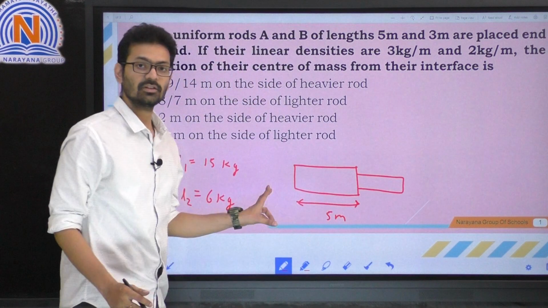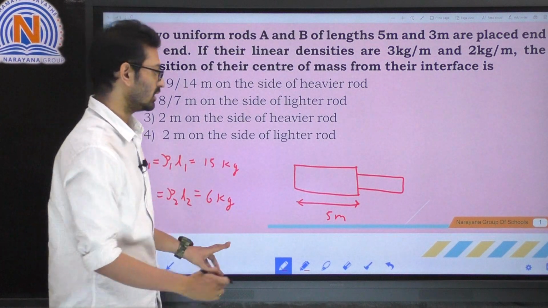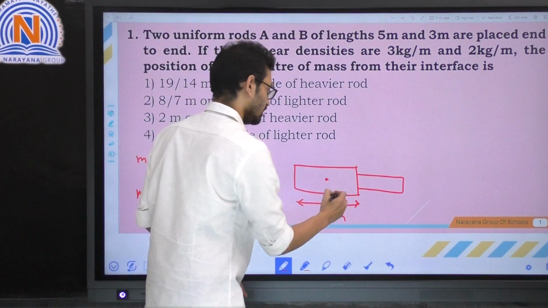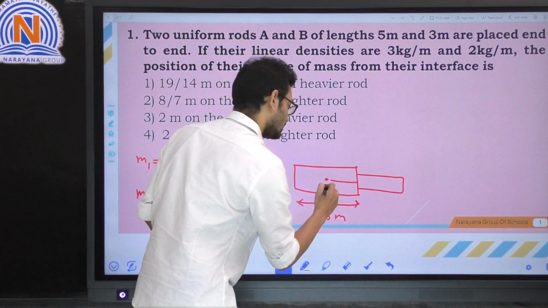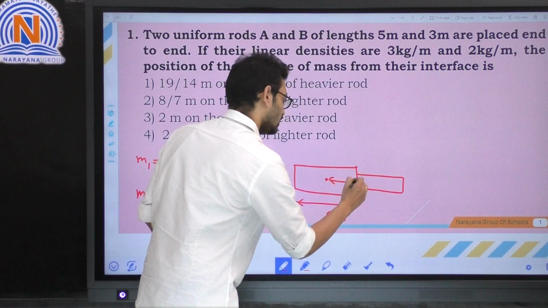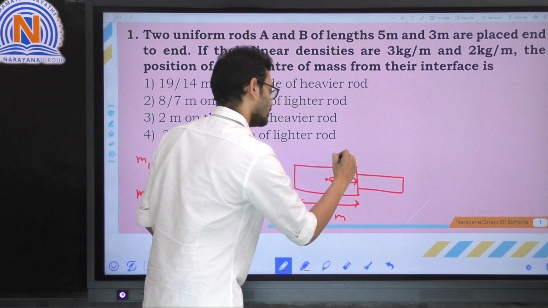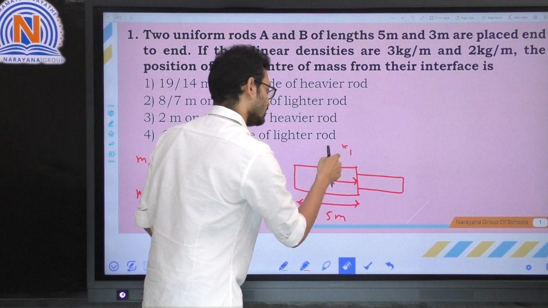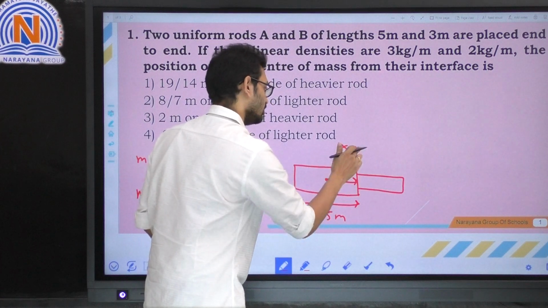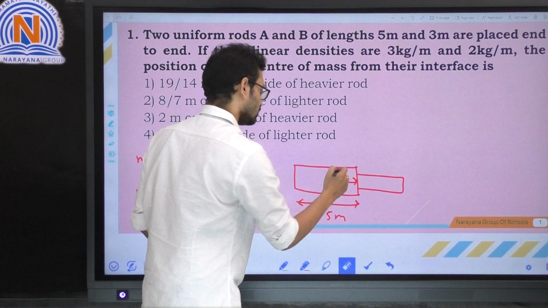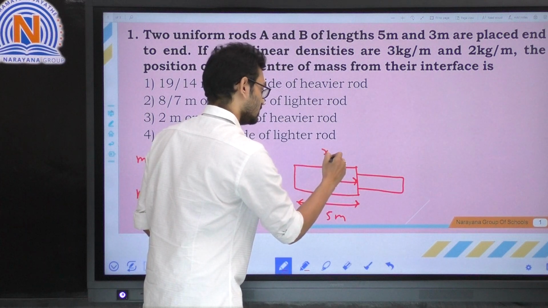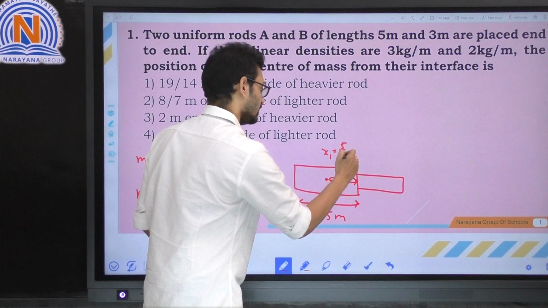I don't want the length of the complete rod, I only want the distance to the center of mass. Let the center of mass be over here. In this rod the center of mass distance is x1, which is the total 5 by 2. So x1 is 5 by 2.